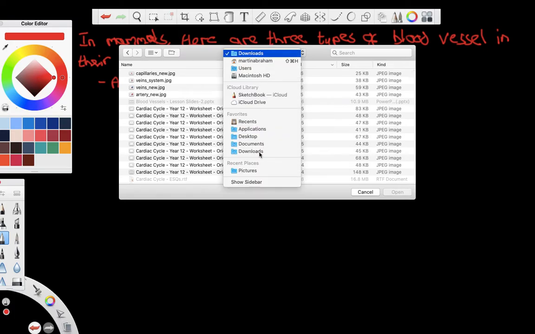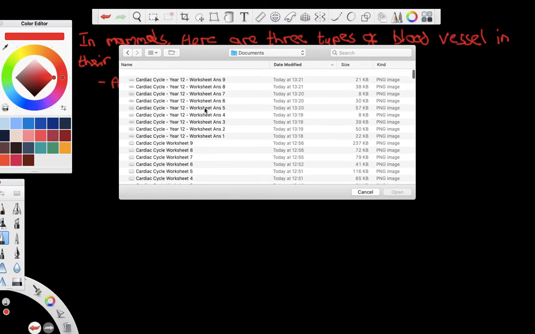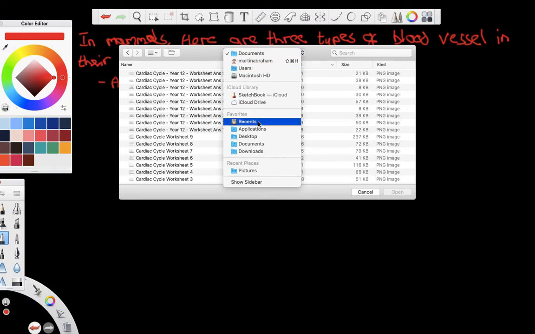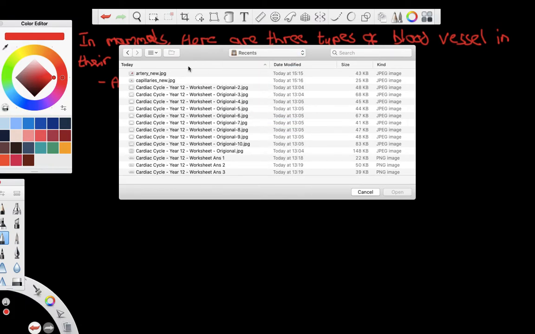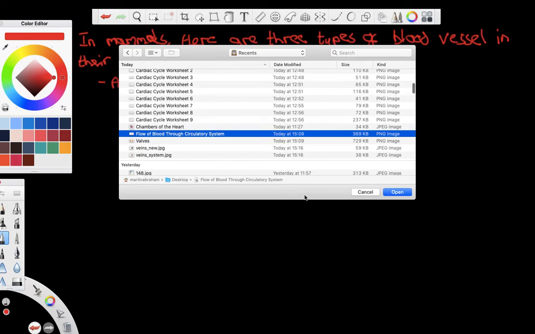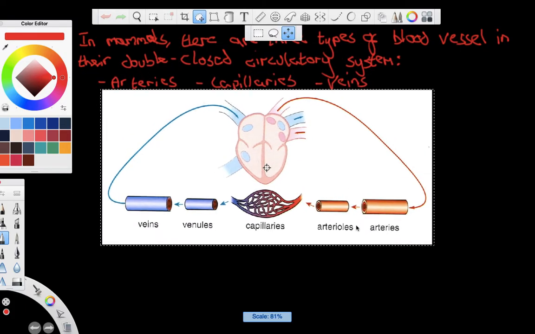Not there, so it must be in documents. Date modified. Okay, we'll just have to. In fact, isn't it in recent? I did put this to one side. Oh, there we go.